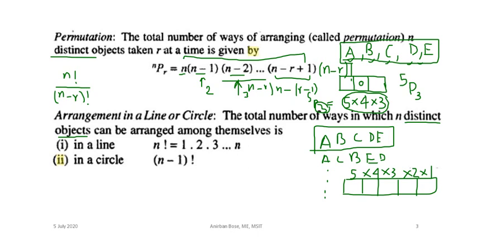So this number will become 5P5, so out of 5 all 5 are taken and arranged. 5P5 is nothing but 5 factorial. So in a line, if you want to arrange, the answer is 5P5, or 5 factorial, or nPn, or n factorial. Now if you want to arrange them in a circle, in that case it will be (n minus 1) factorial.